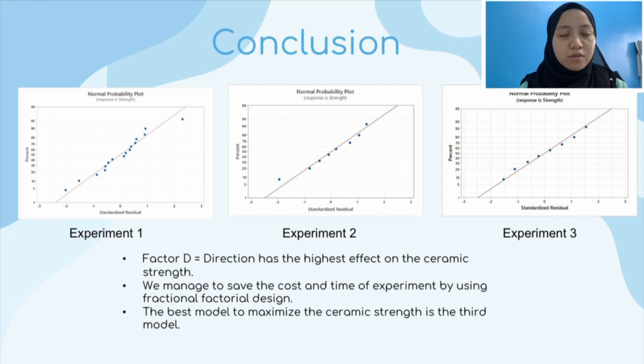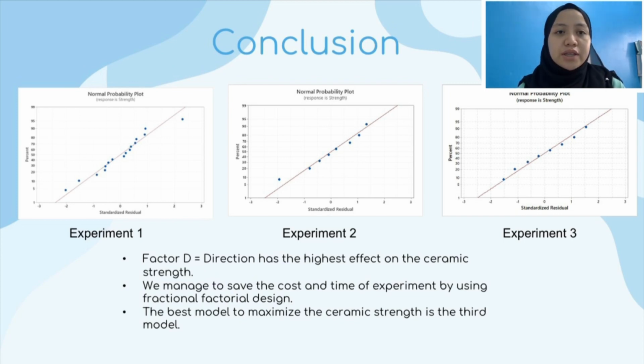By looking at the normal probability plot of each experiment, we can see that all the points are lying near to the normal line in each experiment. However, experiment 3 has the best normal probability plot because all the points are lying near to the normal line.